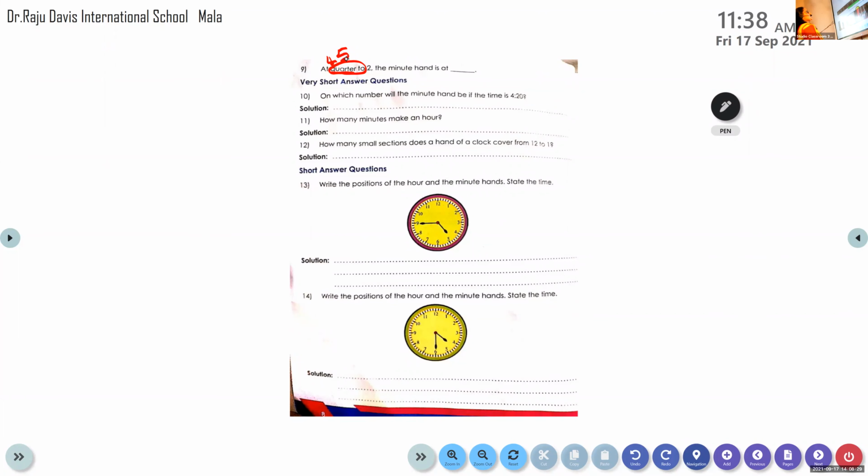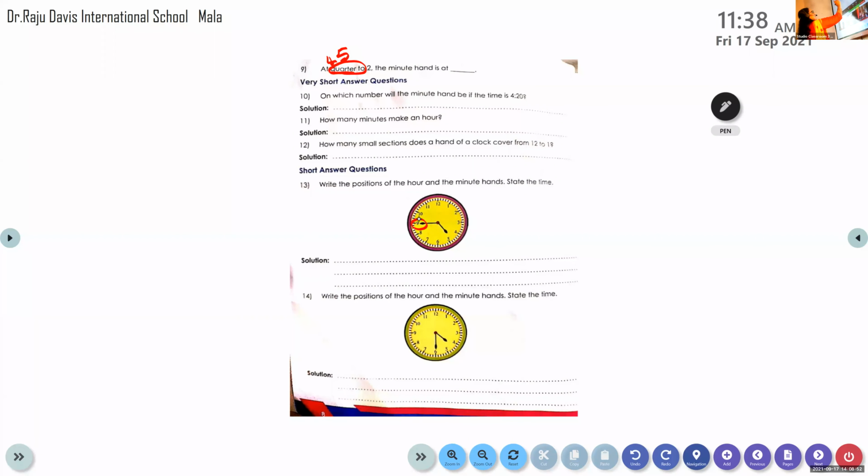At quarter to 2, the minute hand is at which number, for getting 45 minutes? 9. Good. The minute hand should be at 9.